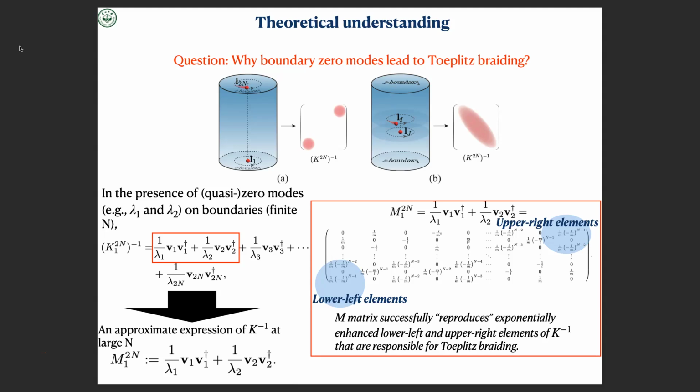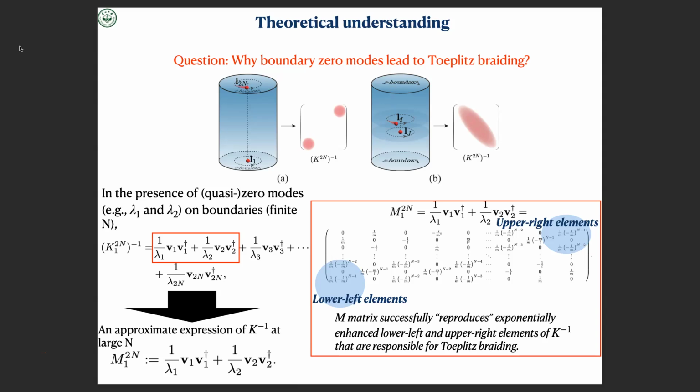So in the presence of this quasi-zero mode, this K inverse can be formally expressed in this way. The first two terms come from this quasi-zero mode. V1, V2 are the bonding and anti-bonding wave functions, and lambda 1, lambda 2 are the corresponding quasi-zero mode eigenvalues, which are very small but finite.